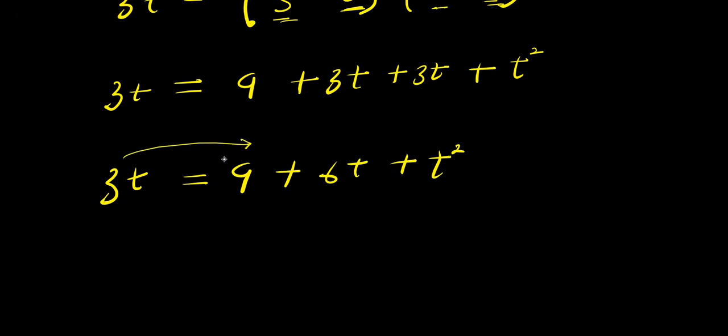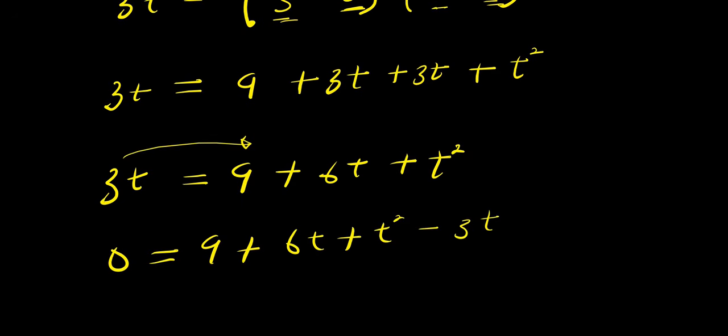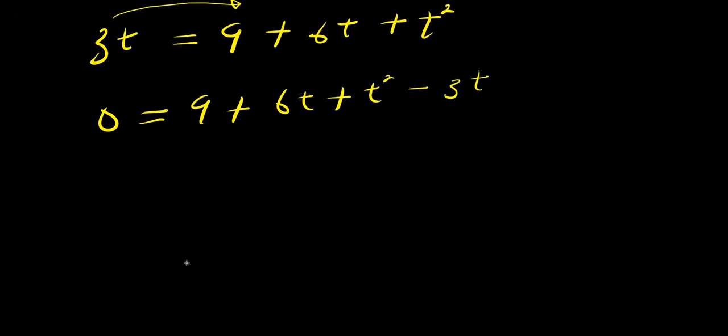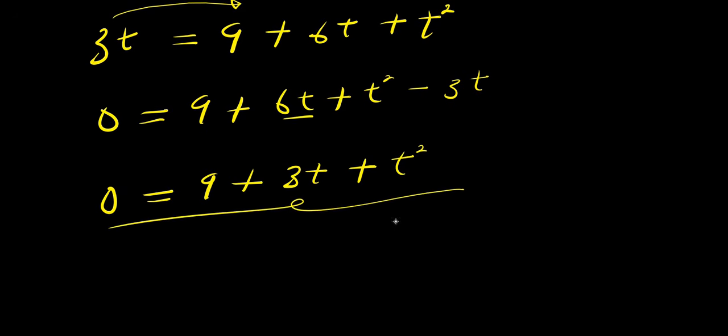So I move 3t over here. I have 0 equals 9 plus 6t plus t squared minus 3t. This is 3t plus t squared. So let's rearrange this equation. I have t squared plus 3t plus 9 equals 0.